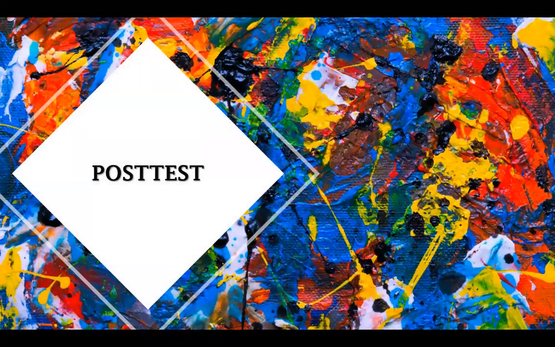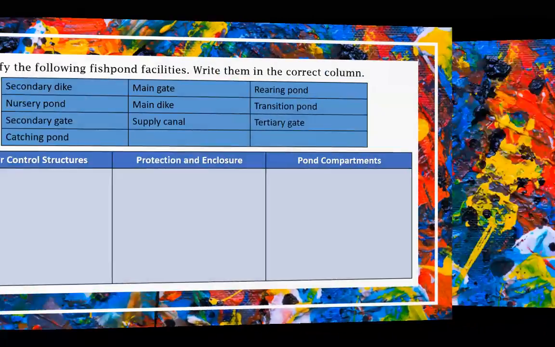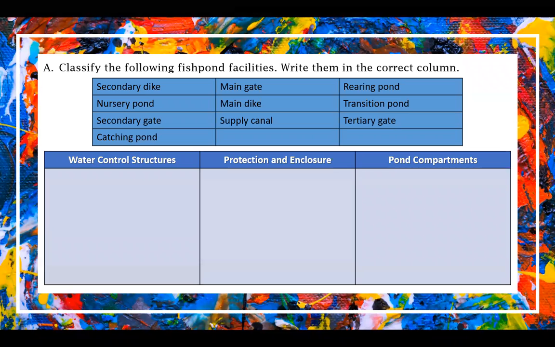Okay, so that's the end of the discussion under the drawing layout of a fish pond. Before we end, let's answer the post test. For the post test, all you have to do is classify the following fish pond facilities and write them in the correct column.